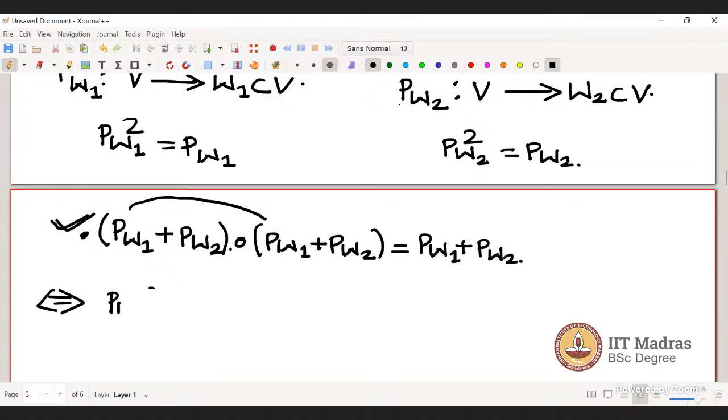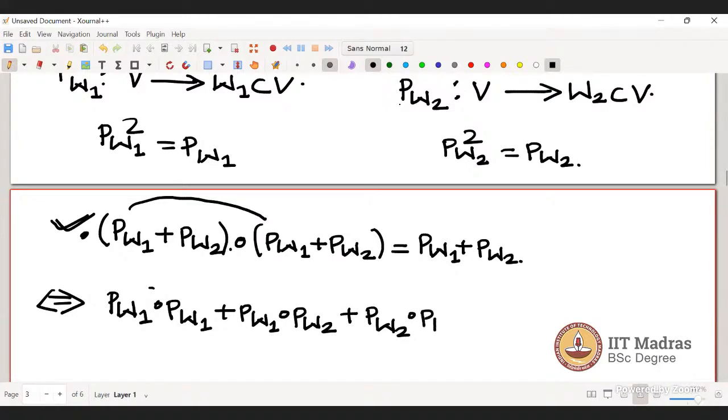Okay. So this is nothing but P1 composed with PW1 composed with PW1, and again PW1 composed with PW2, PW2 composed with PW1.